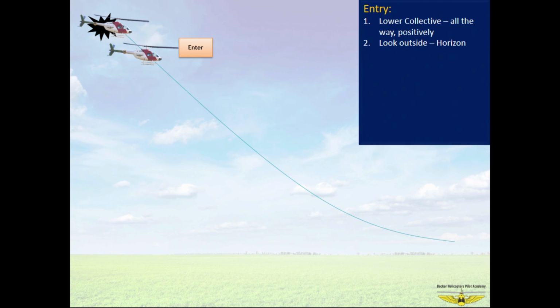How do you correct for that? You push the cyclic forward. You change the pitch on the blades, you drive the disc down then, don't you? Aerodynamically. As you go faster, what do you got to do? You've got to push the cyclic forward a bit more. As you go faster, you push the cyclic forward a bit more. Now, with the dissymmetry of lift and everything on that disc, we've got collective pitch, we've got cyclic countering flapback. Now we lower the collective and get rid of all that pitch.